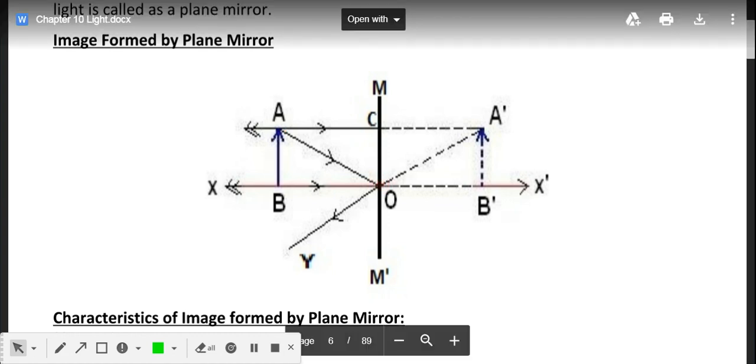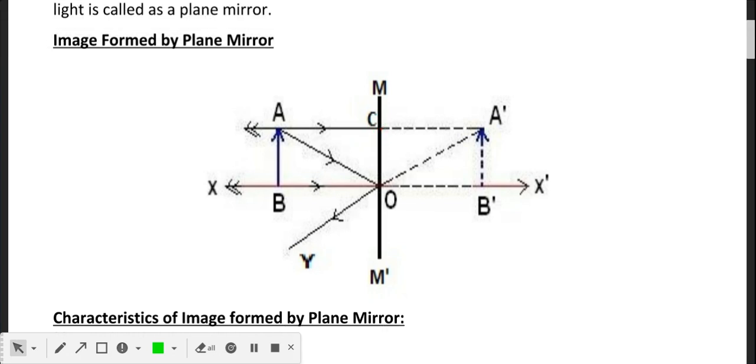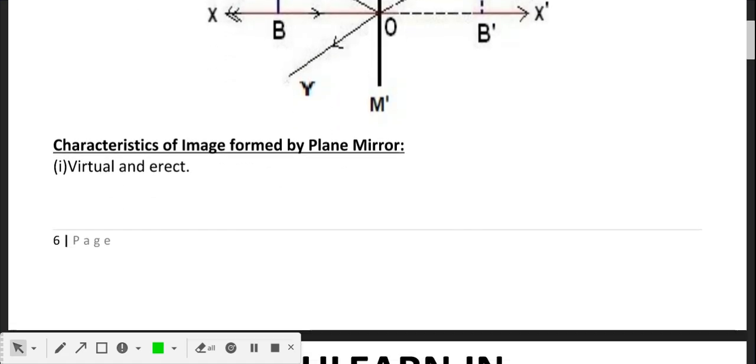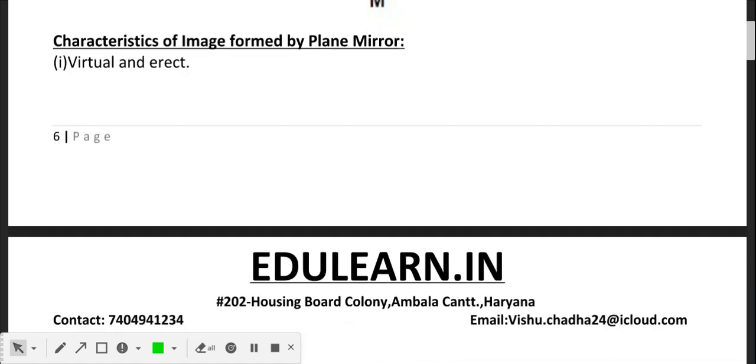But what we are doing is taking these rays backwards, that is how we form the image; the image is not actually getting formed. This is the process due to which we are able to see our image in the plane mirror, right? Don't worry, in the next video I will elaborate on this topic.